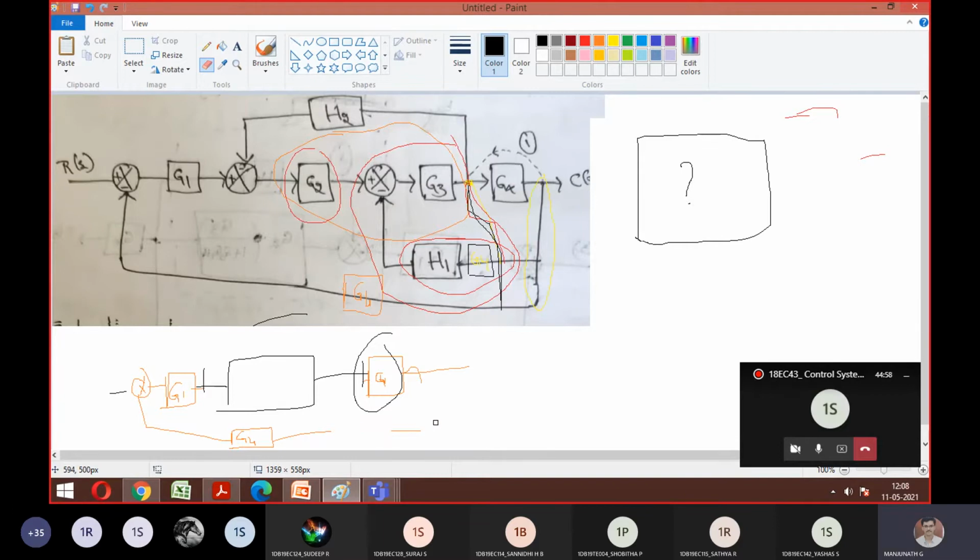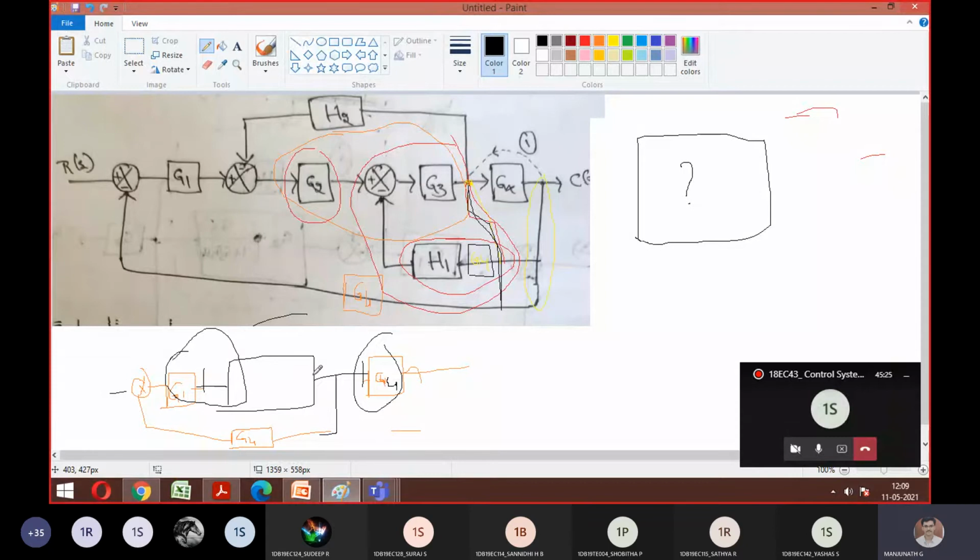So you should connect like this, so that G4 is separate. Only G1 and this answer become cascade, not with G4. Be careful, everyone, because I have moved this branch point here, so the complete connection is here and nothing is here. So this G4 is free. Now what is the answer for this? Simplify and tell me.